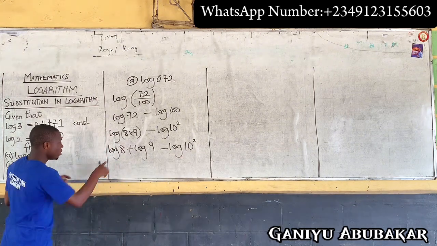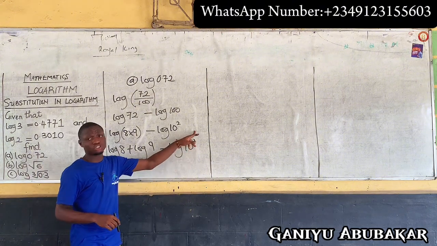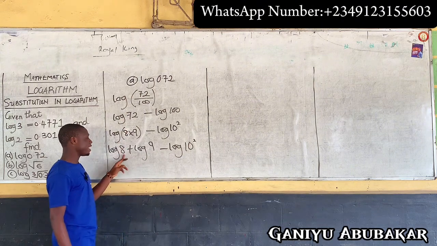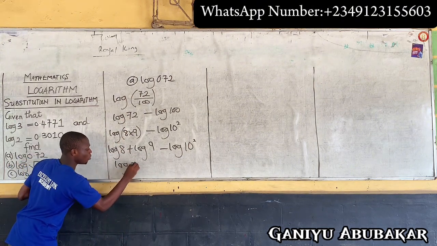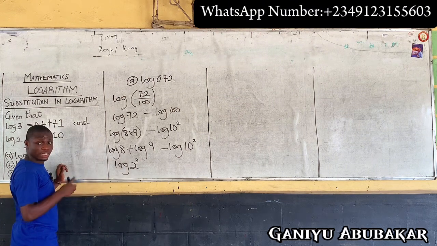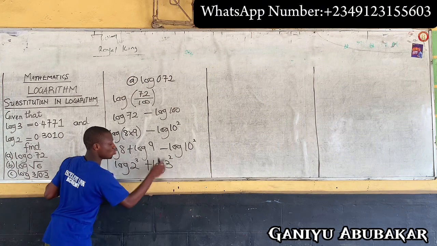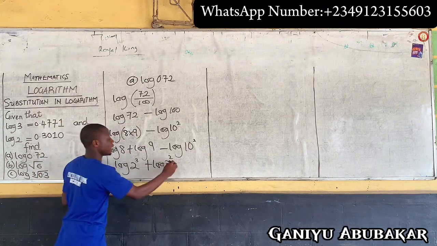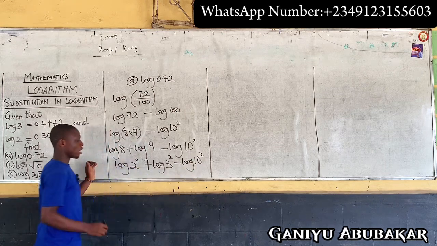I'll try to express 9 and 8 in terms of powers. This becomes log 3 to the power 2 is 9; 3 to the power 3 is 27, 3 to the power 2 is 9. And 8 is 2 to the power 3. So we have log 2 cubed, plus log 3 squared, minus log 10 to the power 2.